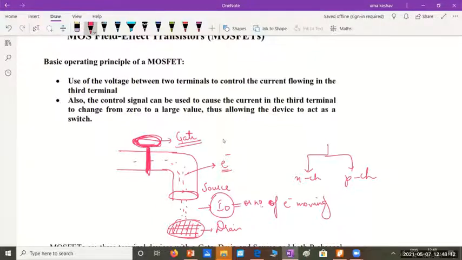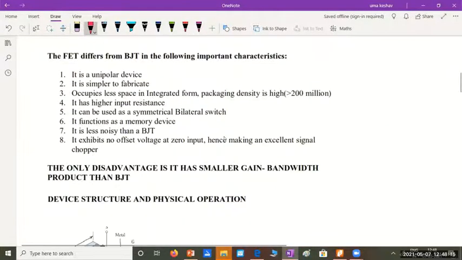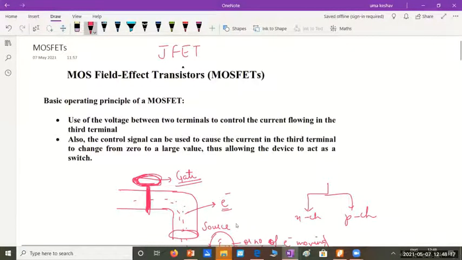I think I have a picture about the construction. Anyway, you have the channel which is created between. So if I have the source and drain in a MOSFET, ideally, please remember, initially there is no channel. The channel will be created later, and if the channel created between the source and the drain is N-type, then we call it the N-channel MOSFET.